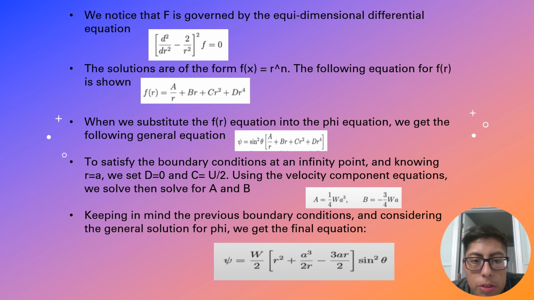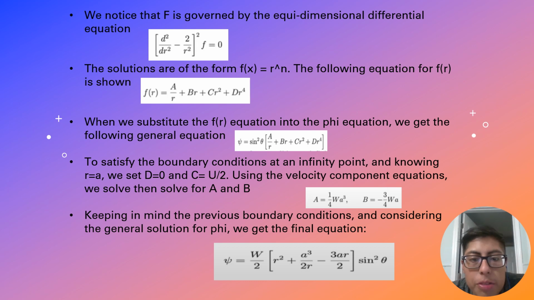When we substitute the f of r equation into the psi equation, we get the following general equation. As seen, psi is equal to sine squared theta times the whole section, a over r plus b times r plus c times r squared plus d times r to the fourth power.